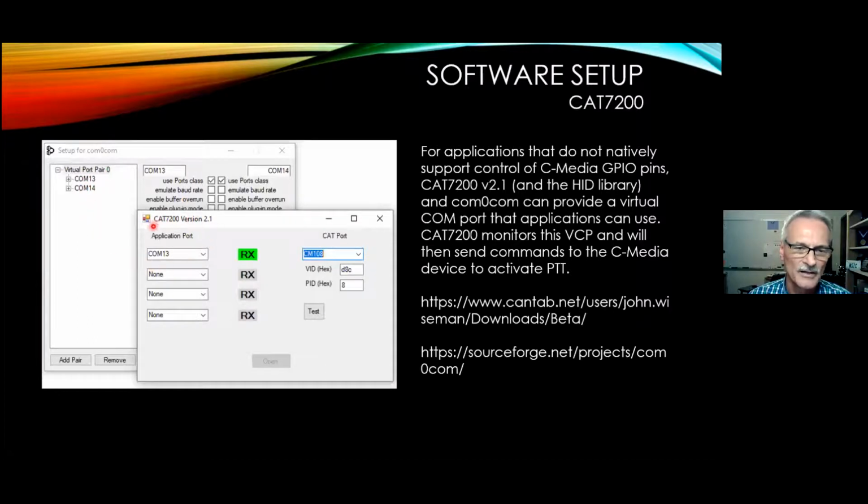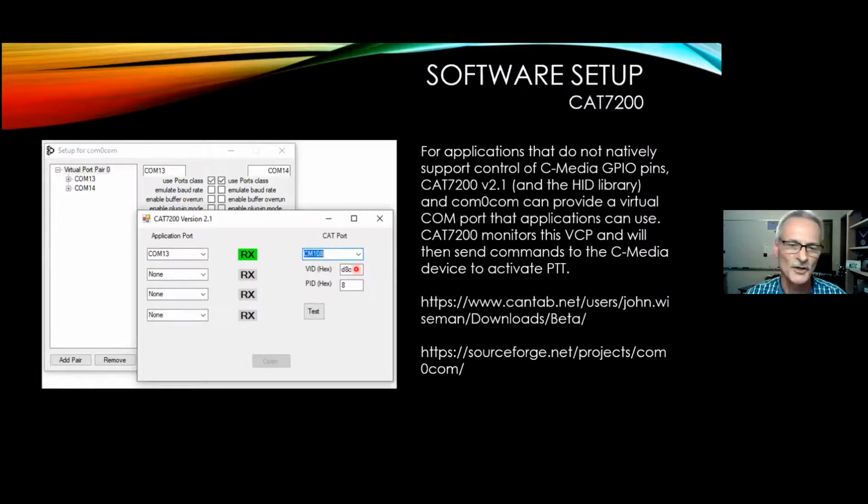What CAT 7200 does is you pick an application port here, one of the pair, and over on this side, you point it to a CM108. It watches this COM port for an application to raise the request to send pin. When it does that, it goes over and sends the HID commands to tell the GPIO pin on the C-Media device to go active. And likewise, when request to send goes away, it turns it off over here.